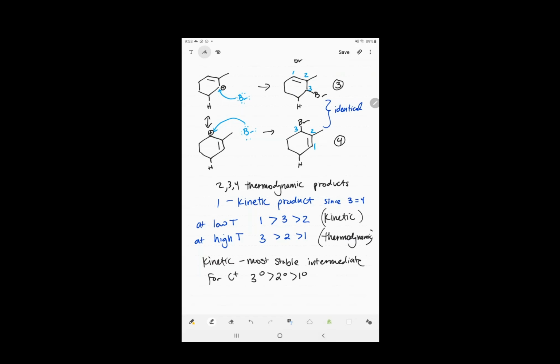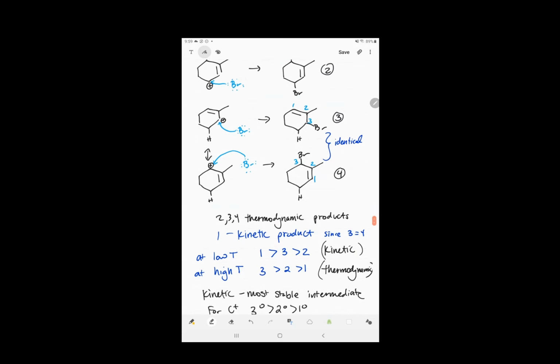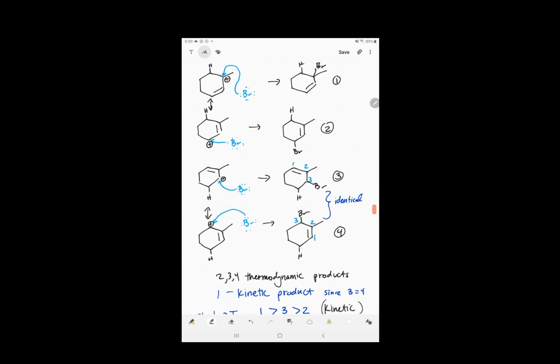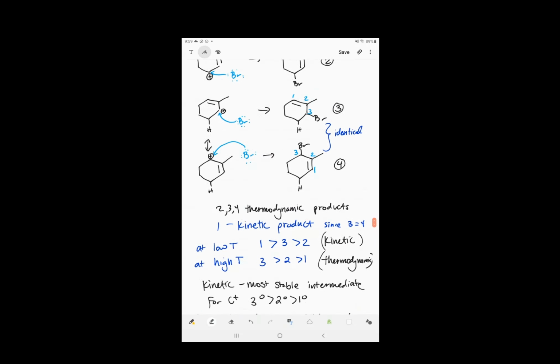Tertiary is going to be your most stable carbocation. The thermodynamic product is going to be your most stable product, which is in general going to be your more substituted alkene. And so we see 3 products here have equally substituted alkenes versus that first one, which had the less substituted. But since 3 or 4 are identical, we're going to see more of those overall.